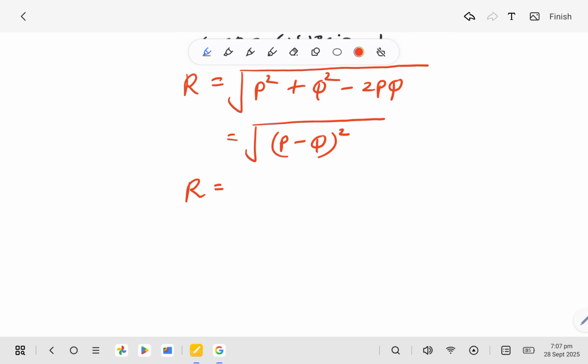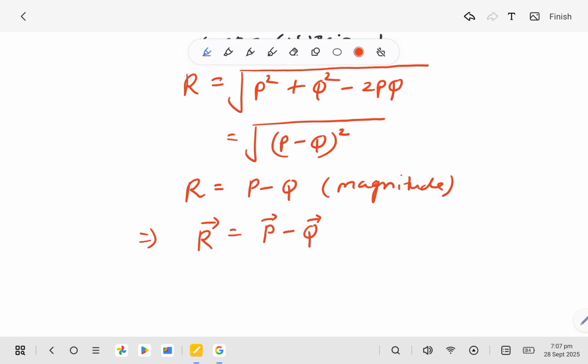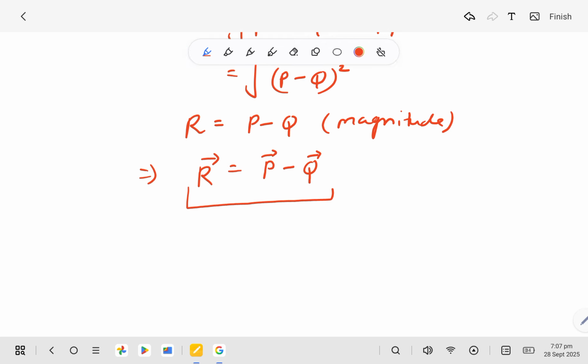So the resultant will be P minus Q. This is the magnitude, or we can also write it in vector form. This is the summation of two opposite forces.